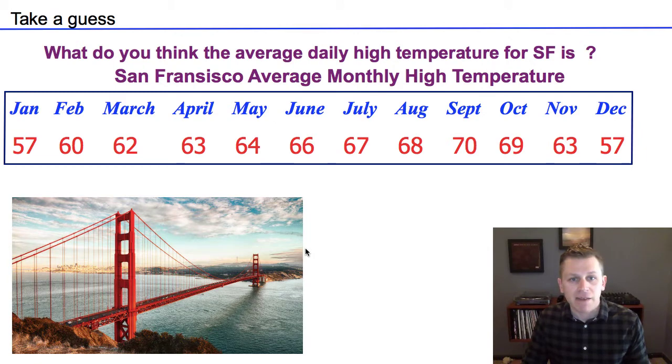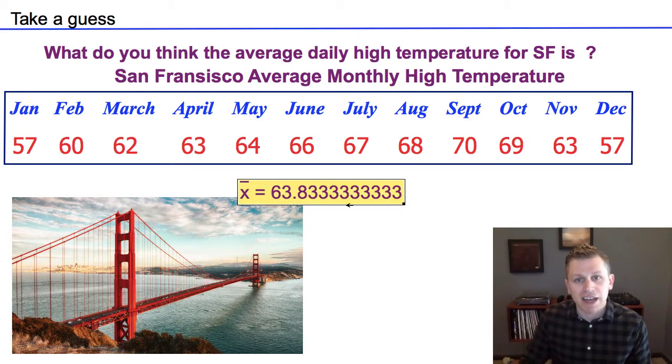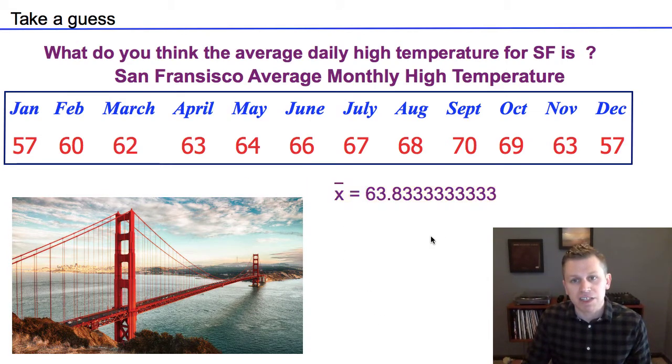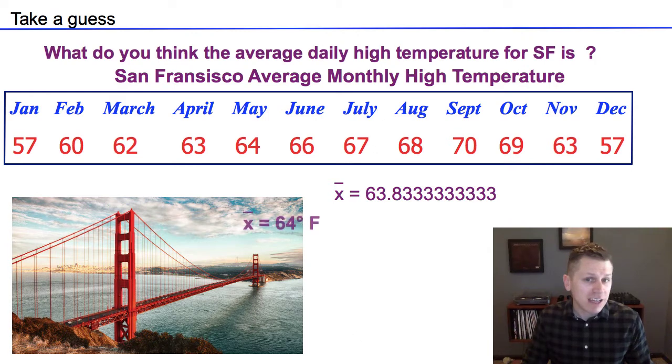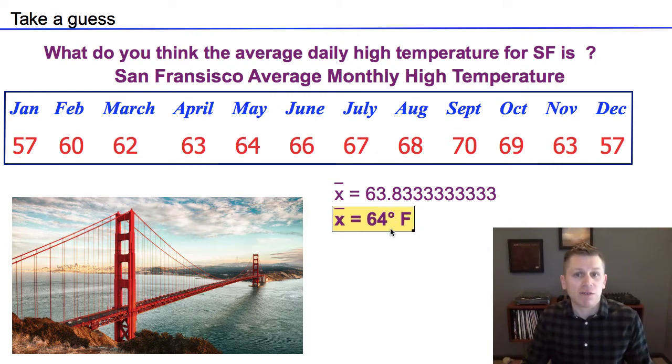Well, again, to find the average, you sum all of the items. So I summed all of these numbers from 57 up to the final 57, and then I divided by 12. When I did that, I got an average temperature of 63.83 repeating, or if I round that to the nearest degree, the temperature is 64 degrees.